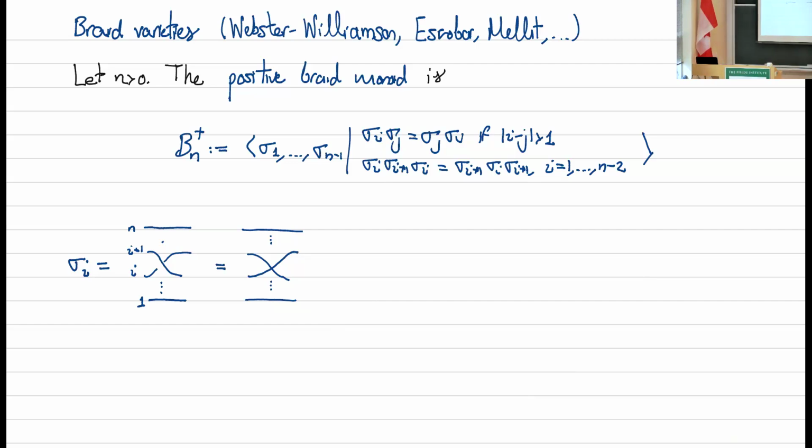Okay, so we can imagine this sigma_i to be a crossing between two strands. A positive crossing, so the top strand passes over the bottom strand. But since I only work with positive braids, I will forget about this orientation of the crossing, and I will just draw it like this, because I never work with negative crossings.